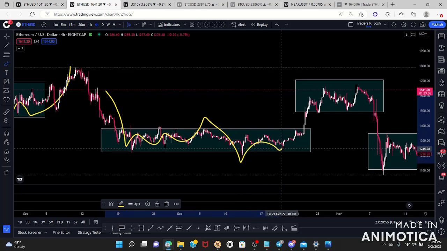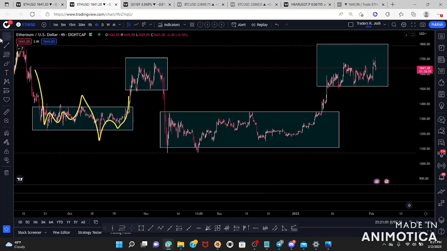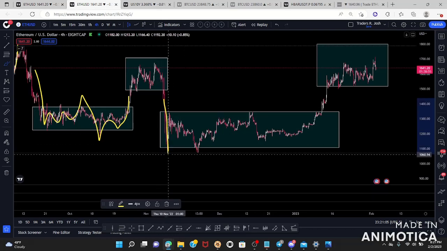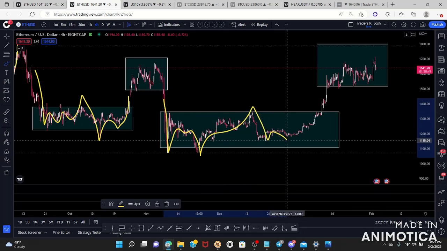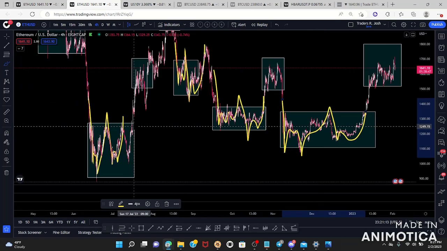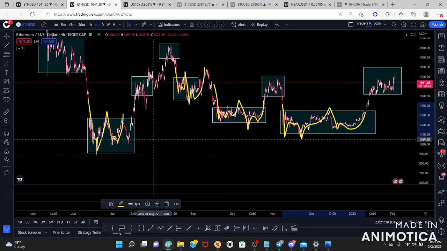Then you have your little H, then back up. Let's do it again. Every contraction phase will have a Wyckoff pattern. Down, contraction. This is your ripsaw. This is your H, and up. Check that out. 1, 2, 3, 4.